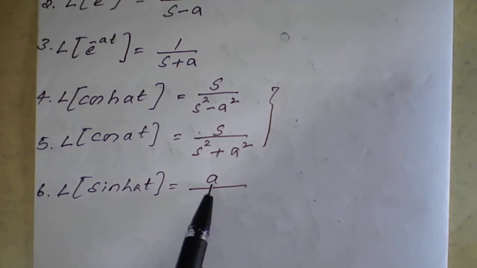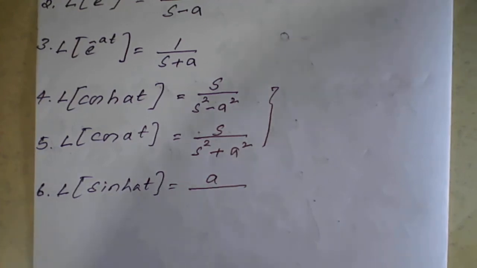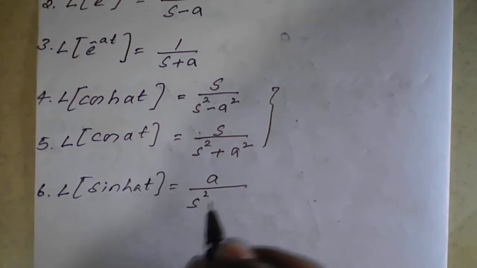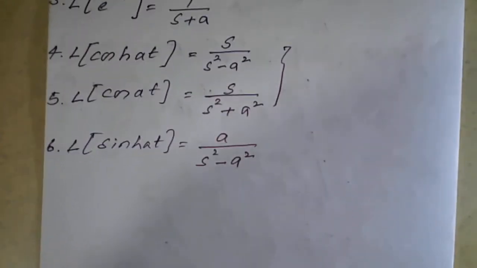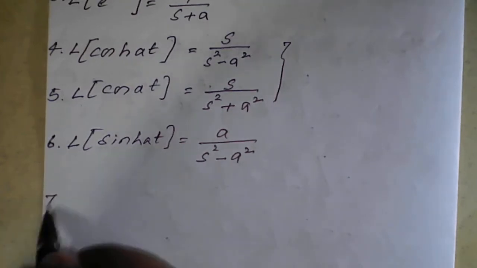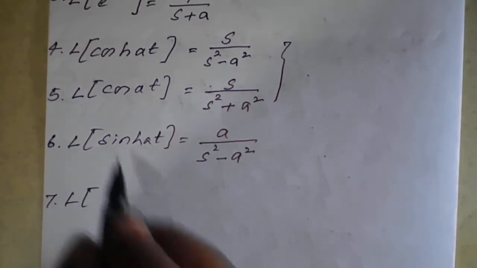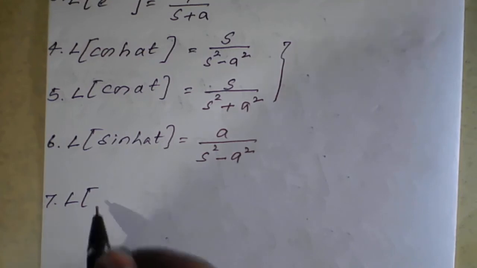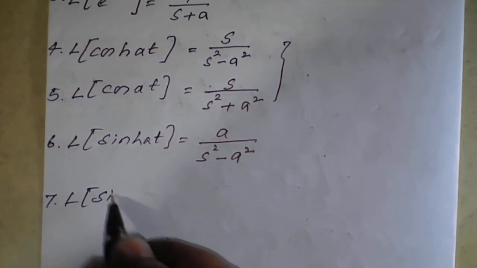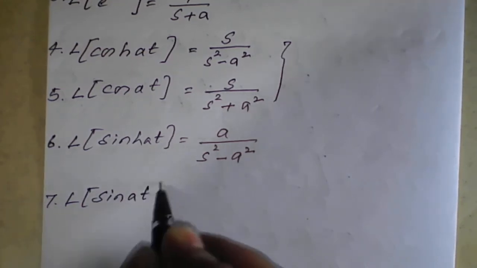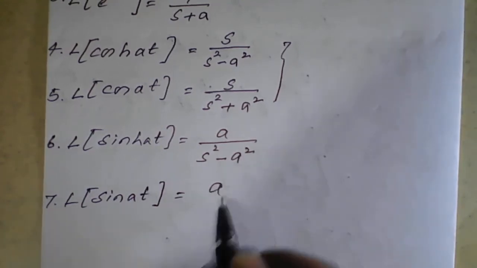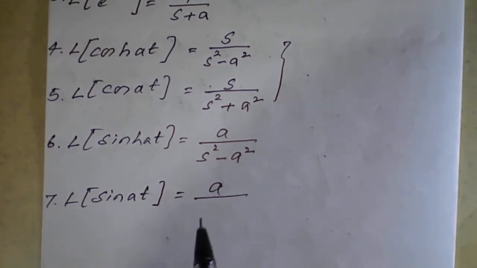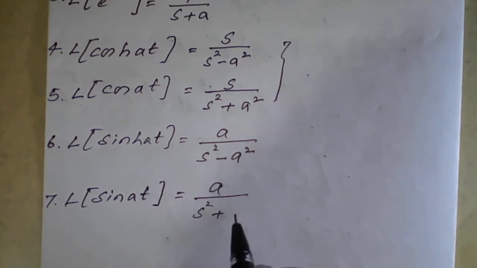And the seventh formula: Laplace of sine of only at, not hyperbolic, only the trigonometric function. At that time it will become a divided by s square plus a square.